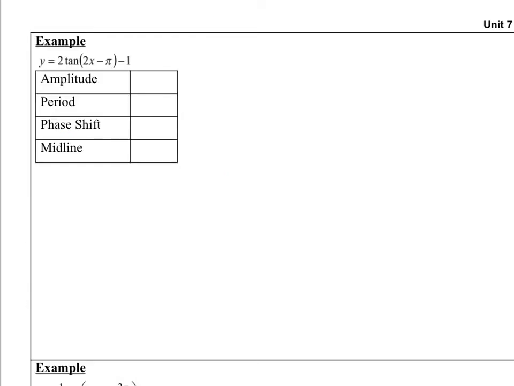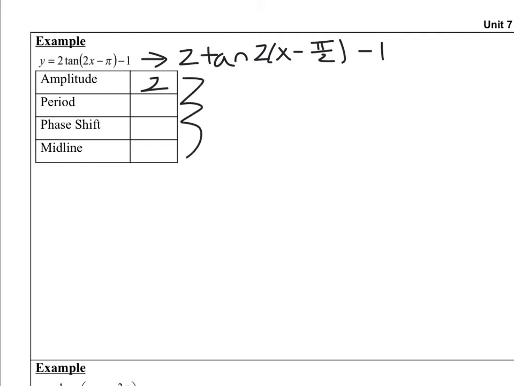So let's look at a couple examples. First let's factor out that 2. So 2 tangent of 2x minus pi over 2 minus 1. My amplitude is going to be 2. And I'm going to fill this in terms of cosine for this next part.